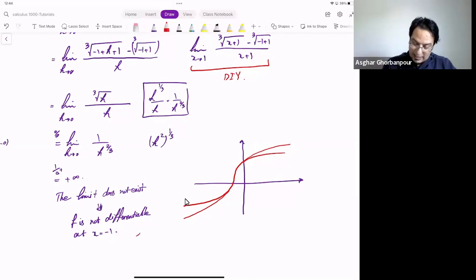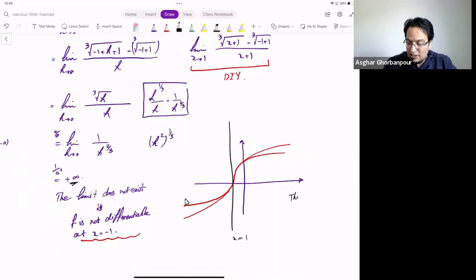The issue that comes up here is because the tangent line is vertical. So the vertical tangent line exists, and it is a tangent line at x equal to -1, but the slope of vertical lines is not defined. That's why we're getting plus infinity here.